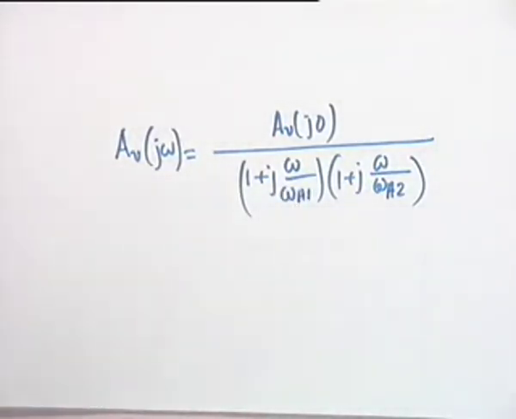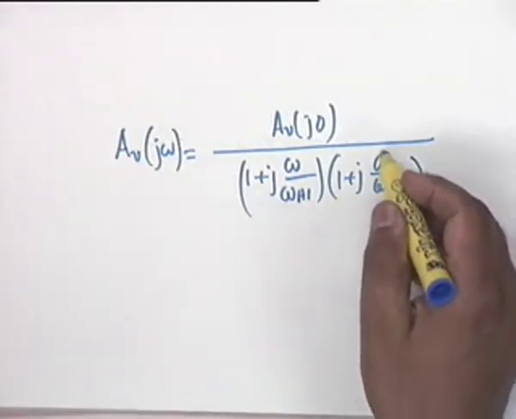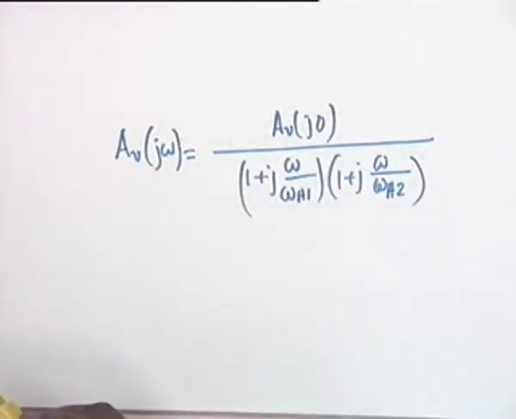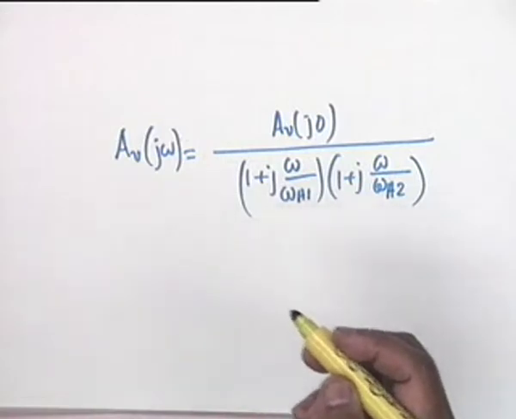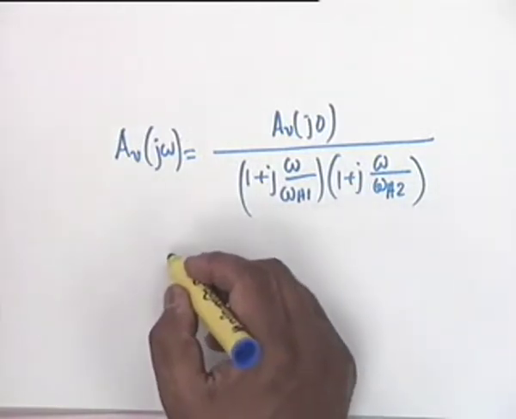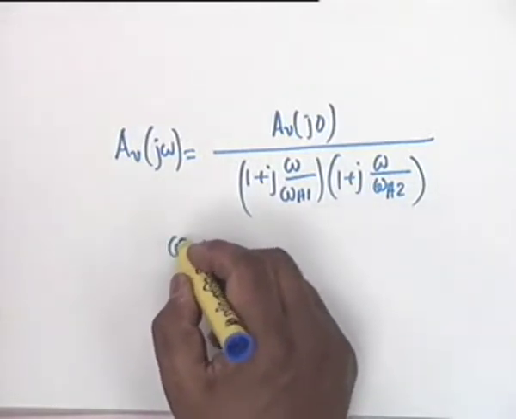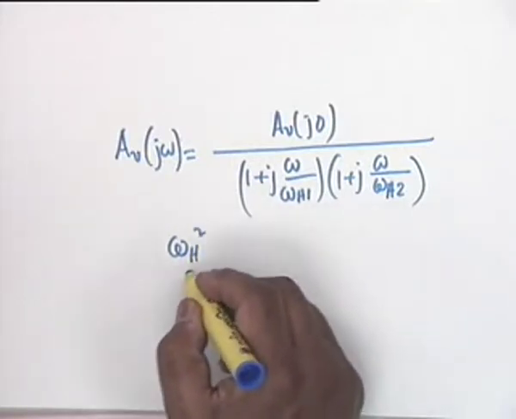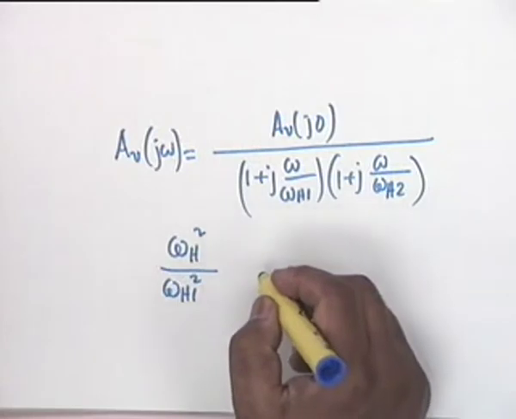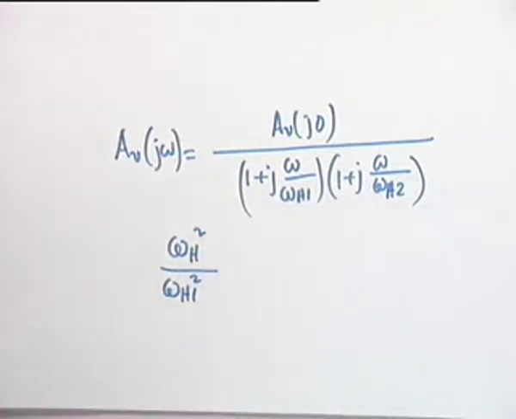That's right, individually. And if you want to find out the overall cutoff frequency, obviously the relationship would be that omega h squared divided by omega h1 squared. You can find this out exactly, isn't that right? You can find this out exactly.